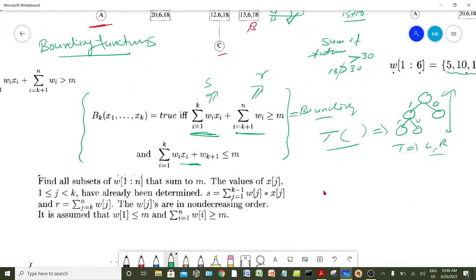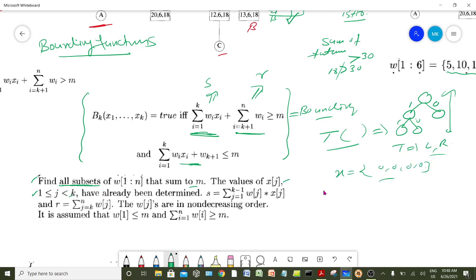Before writing the algorithm, there are certain assumptions and prerequisites. What it says is that we wish to have all subsets, not the first one only. We need all subsets that sum to m, and the values of xj are already known, with initially x equal to 0 for all.